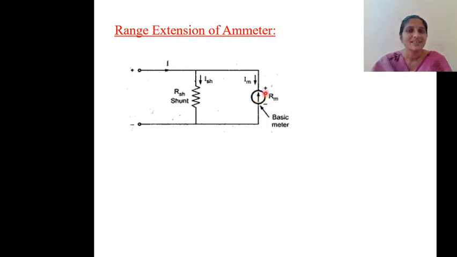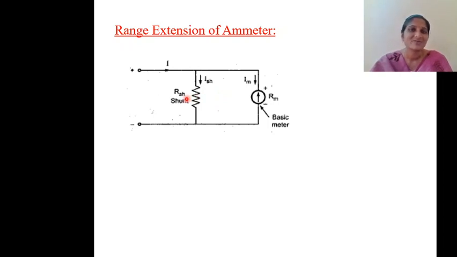Now you want to increase the range of this ammeter. To increase the range, you need to connect a resistance in parallel to the ammeter. This resistance is nothing but called a shunt.